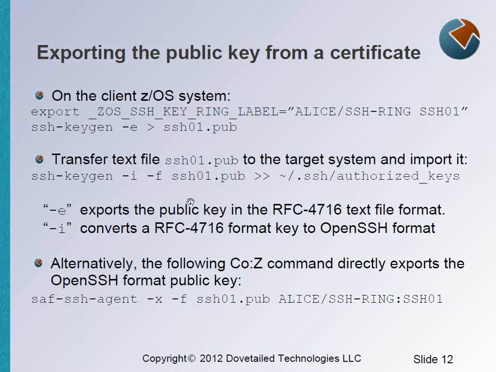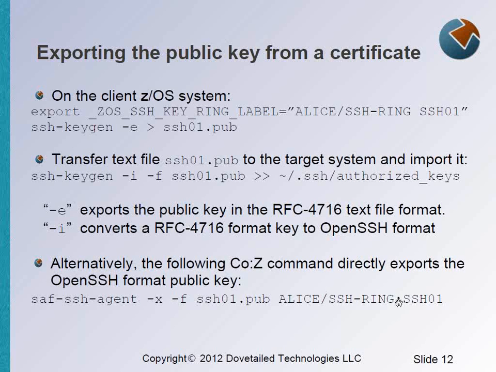Now, a shortcut way of doing this is this command that comes with Cozy SFTP or with the Cozy toolkit, saf-ssh-agent. You can just say -x for export. Here's the name of the file I want to create, and then you give the public key name, Alice /, or omit that if it's the current user ID. Now, we use the system SSL syntax for this, which is much more convenient.